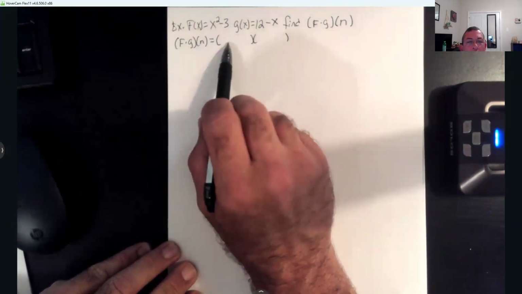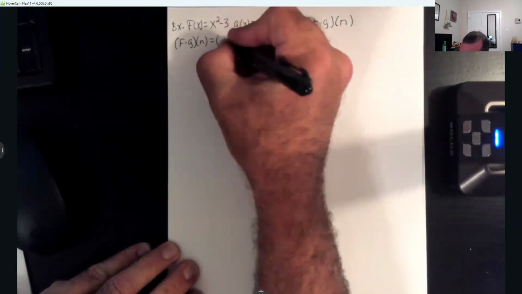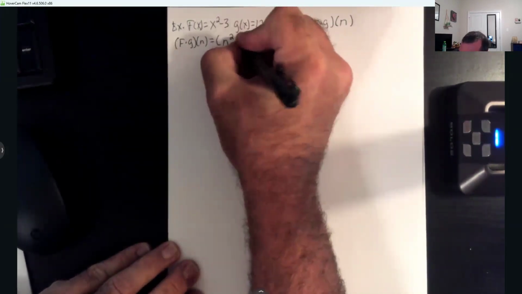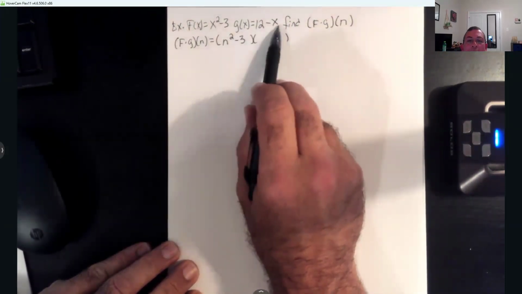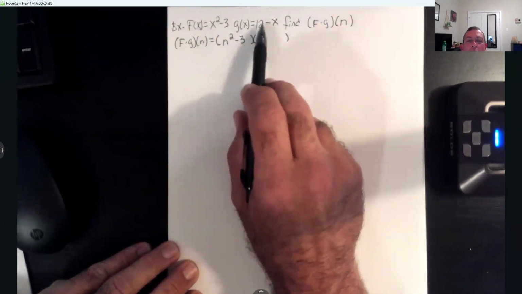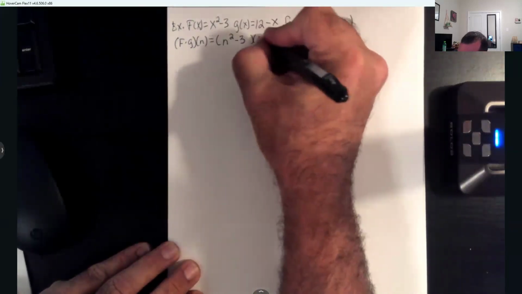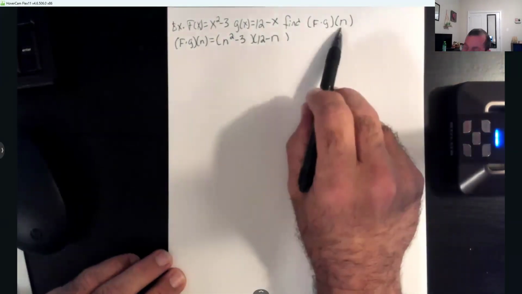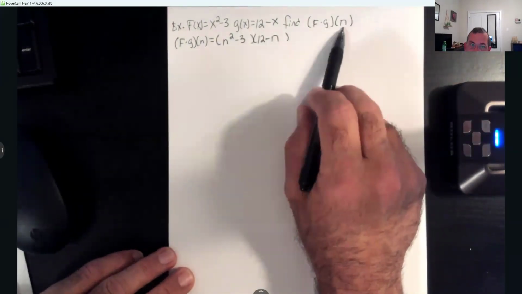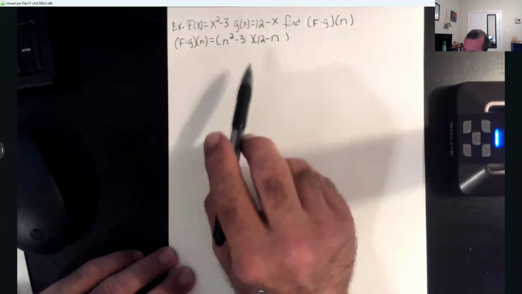But y'all, that's not what we're putting here. We're going to put n squared minus 3. And then for my g, we're not putting 12 minus x. We're putting 12 minus n. Okay, so remember, whatever they put in them parentheses is what we will replace those x's with.